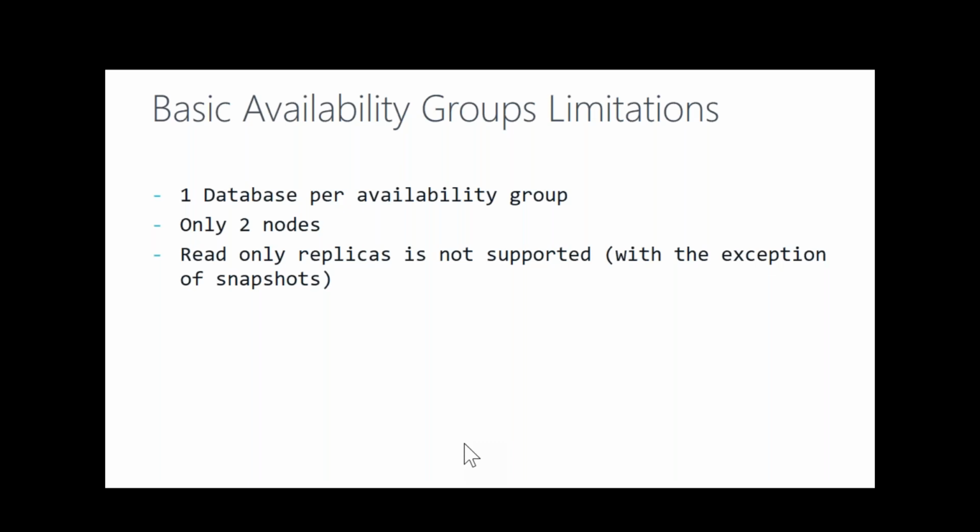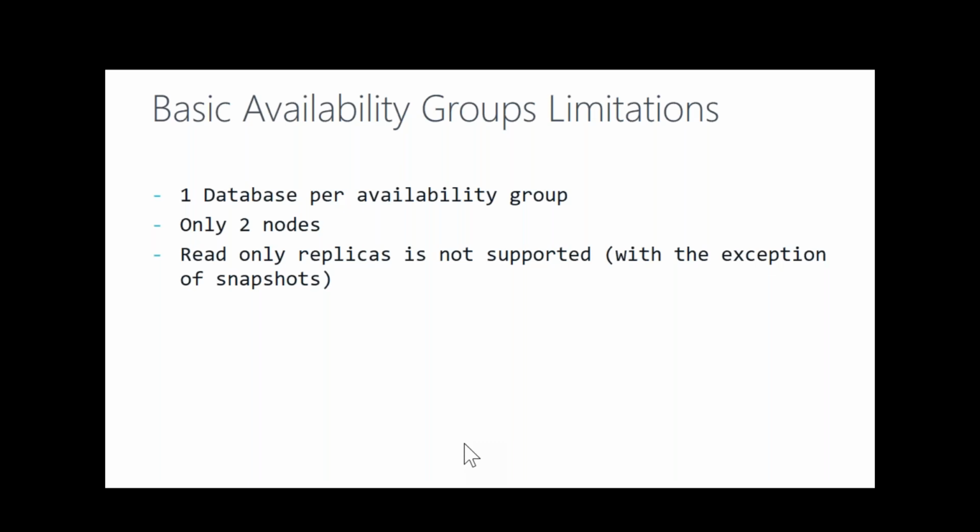The other thing is, in Enterprise Edition, you can have read-only replicas, and that is not supported for basic availability groups. But there is a workaround that maybe you can use depending on your needs, that is to create a snapshot. I can create a snapshot on the secondary replica, and I can read the snapshot.